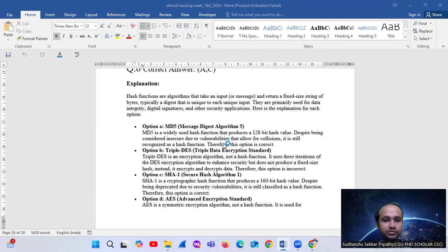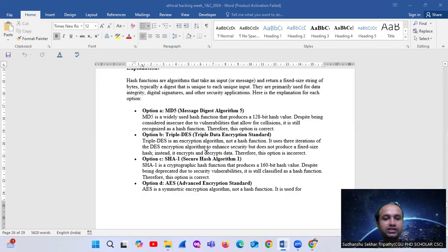Here is the explanation for each option. Option A was MD5. MD means message digest algorithm 5. So MD5 is a widely used hash function that produces a 128-bit hash value, despite being considered insecure due to vulnerabilities that allow for collisions. It is still recognized as a hash function, therefore this is correct. Option B, that is triple DES, triple Data Encryption Standard.